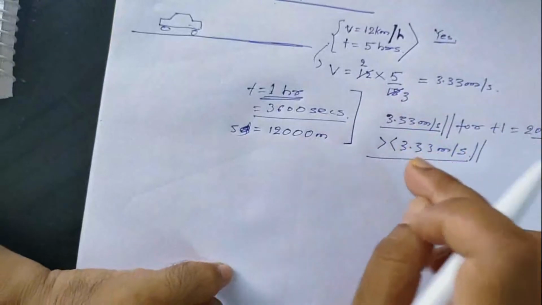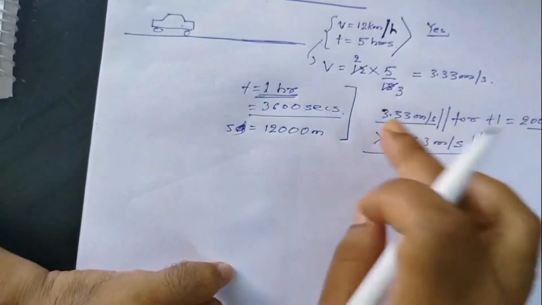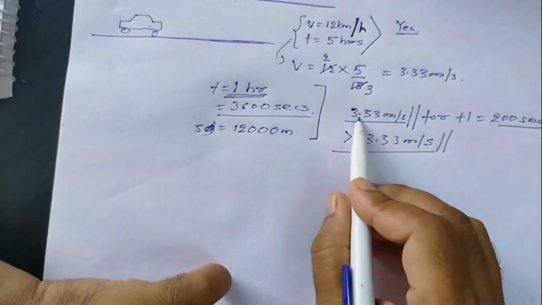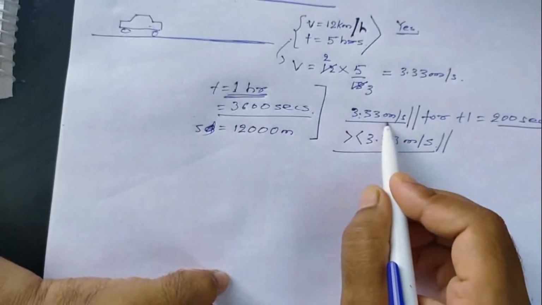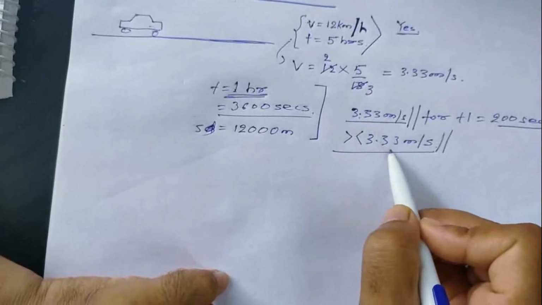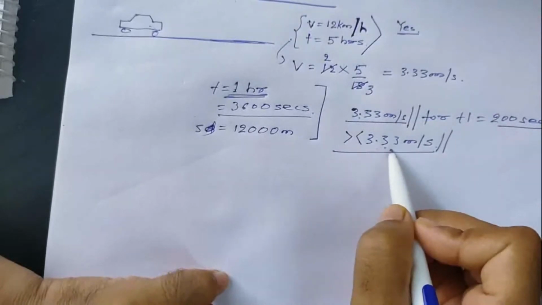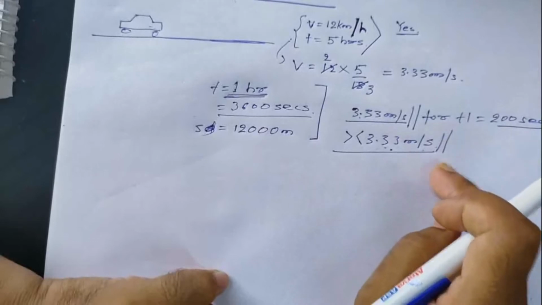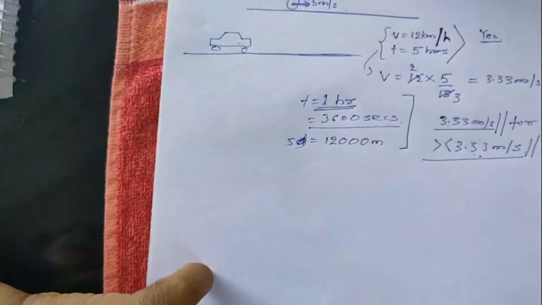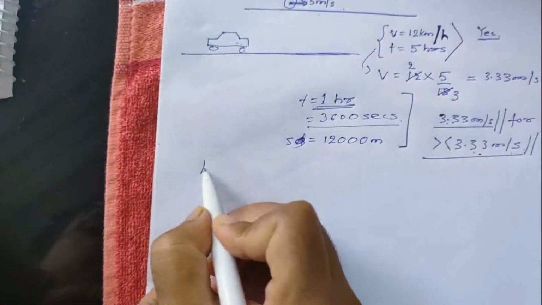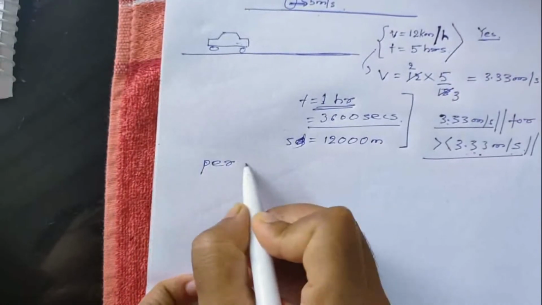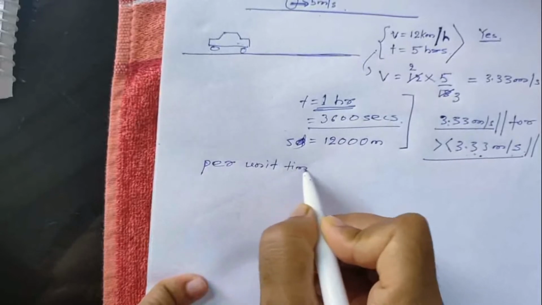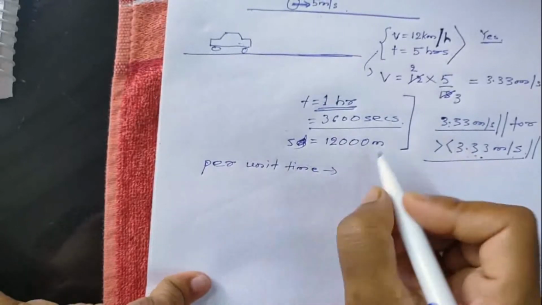So now you tell me, is the motion of the car uniform? Sometimes it is 3.33 meter per second speed, and the rest of the time it is more than or less than 3.33 meter per second. So now can you say it is a uniform motion? Absolutely not. So that's why I'm telling you that this per unit time should be as small as possible. So we should go for second instead of hour.